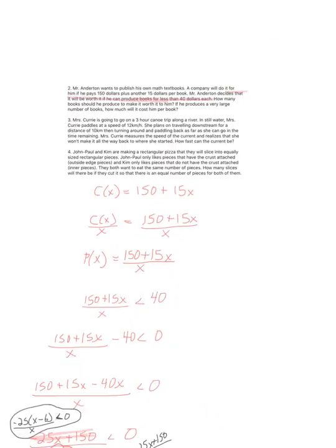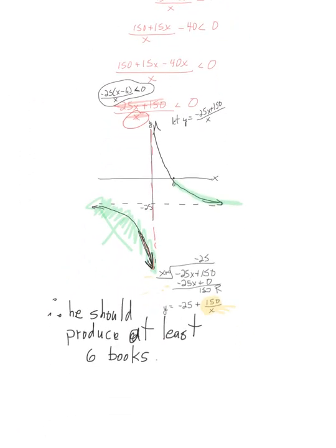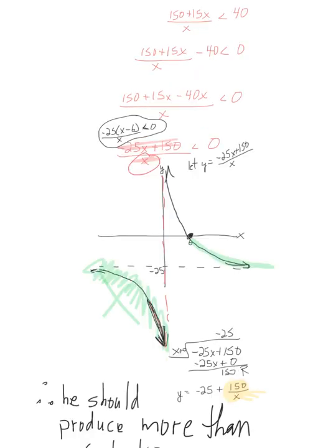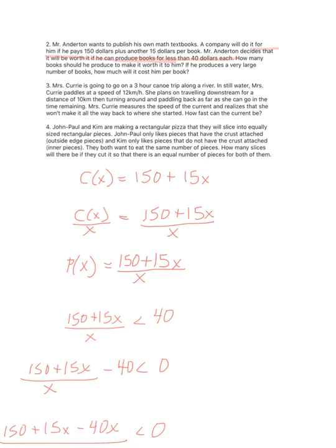Actually, does it say more than? It wants it less than $40, so 6 is not going to do. Let's go back and say not at least 6 books, but more than 6 books.